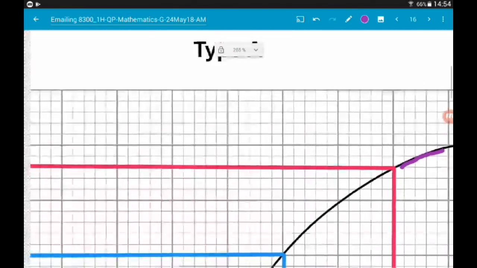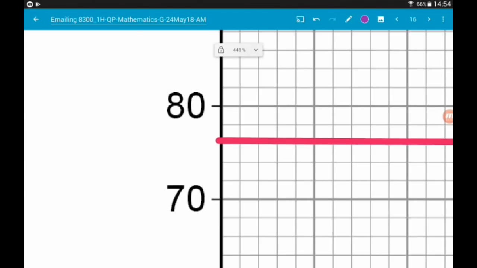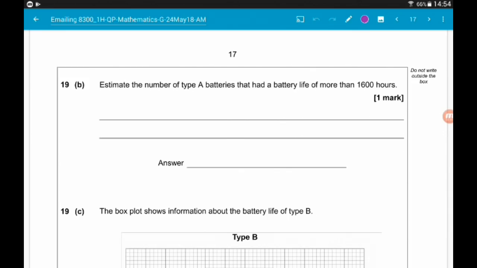So we go across to the y-axis. Now we see that we hit it at 76. So we then do 80 minus 76, which gives us 4. So that is our answer.